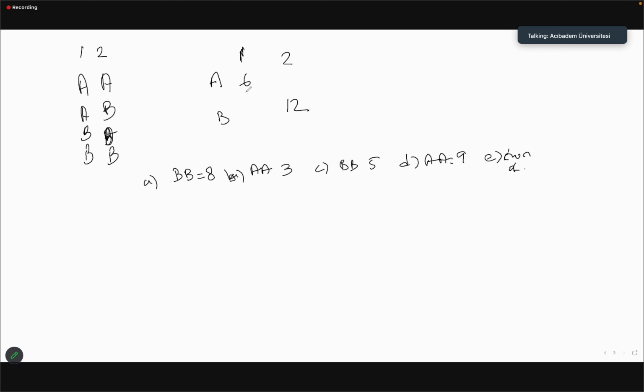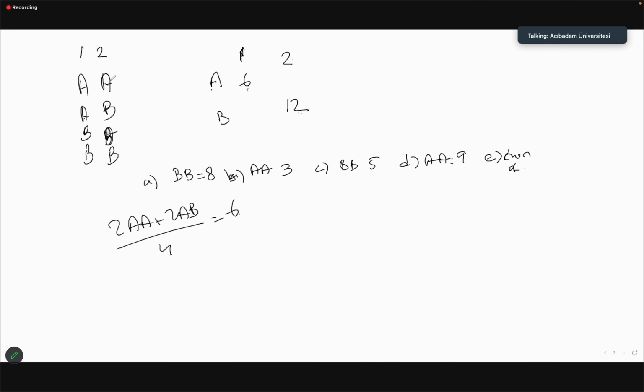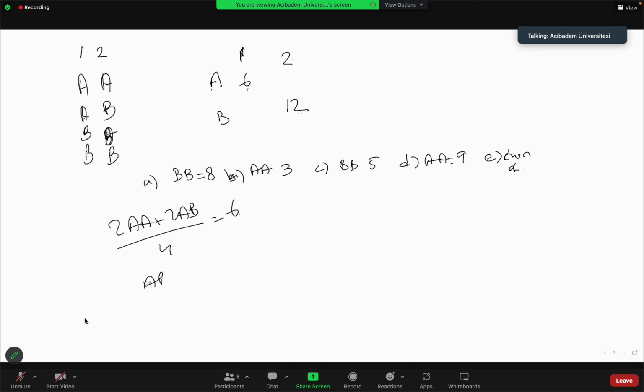So from this information, if A at position 1 is 6, that means (2AA plus 2AB) over 4 is equal to 6, right? B at position 2 is 12. So that means (AB plus 3BB) over 4 is equal to 12.